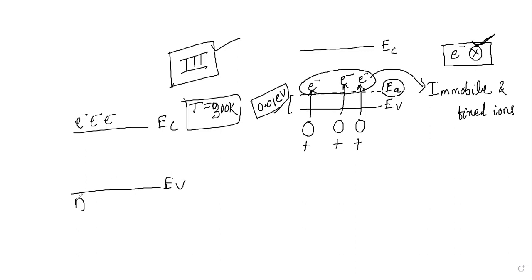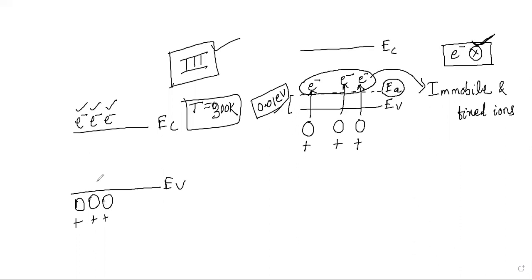And you got your holes over here, positively charged holes. So electrons in the conduction band are responsible for conduction, and holes in the valence band are also responsible for the conduction process.